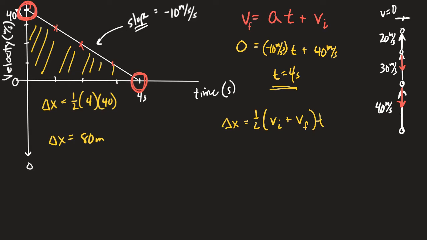Based on what I just discovered, that this is a 4-second interval, 1/2 times the initial velocity plus the final velocity times the time. That should give me my displacement. Half of 40 is 20 times 4, 80 meters. Everybody following along so far? Any questions about what I just did?